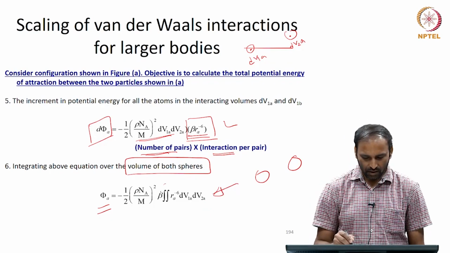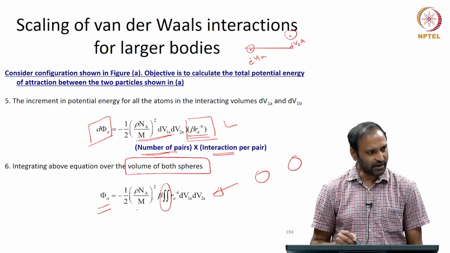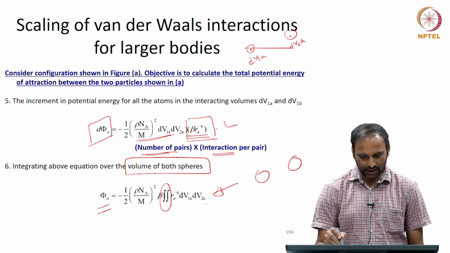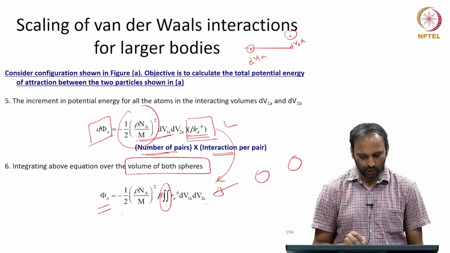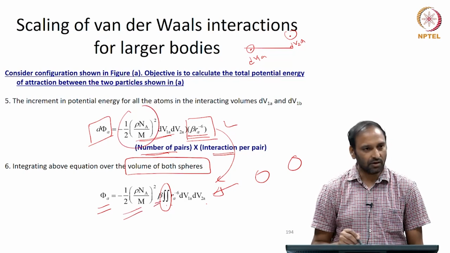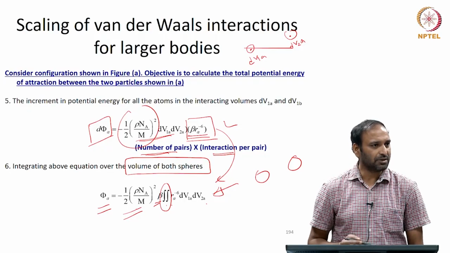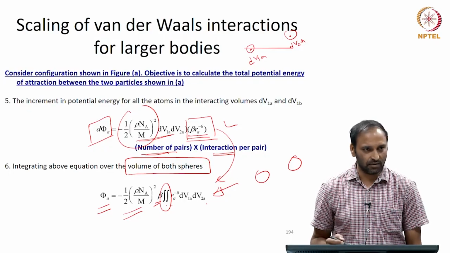It is going to be a double integral, a volume integral. I just have to integrate this, because this is constant, I have taken it out. Beta is also constant because once the material that you are considering is fixed, beta is fixed.